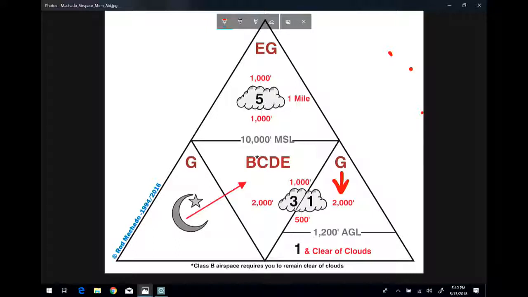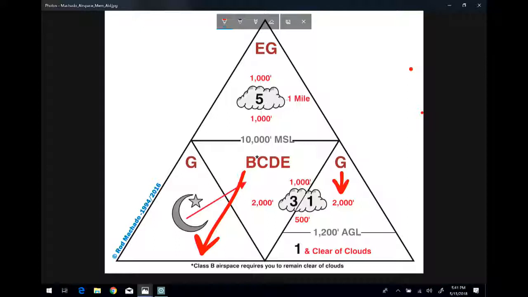All right? Now notice this asterisk here on B. Now remember, I told you to draw this exactly the way that you saw it here on this chart. Well, there's an asterisk here on Bravo, okay? And that asterisk goes down to this. Class Bravo airspace requires you to remain clear of clouds.